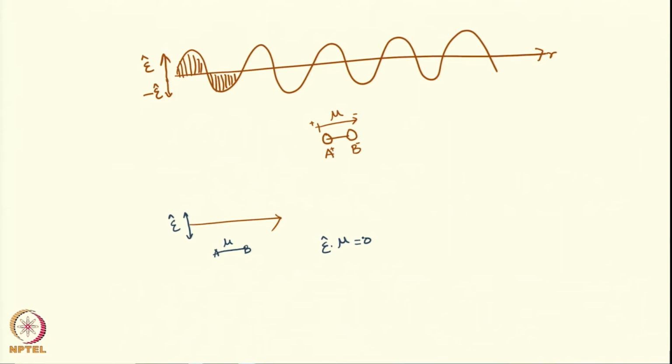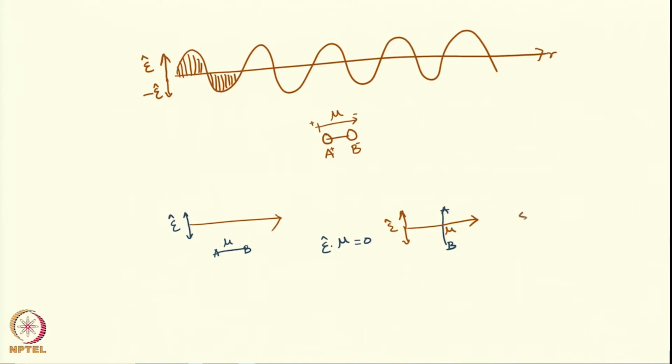On the other hand, if you have AB like this, and your propagation direction is like this, and your electric field vector is like this. Now epsilon and mu are parallel to each other, so the dot product will be maximum.